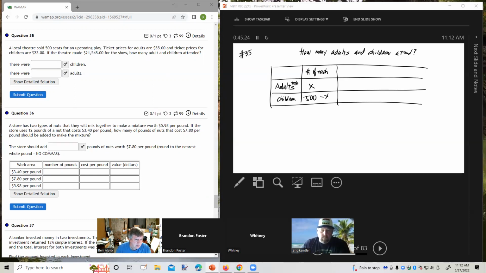Then we want the value. So total value, and this is going to be in dollars because everything is given in dollars.